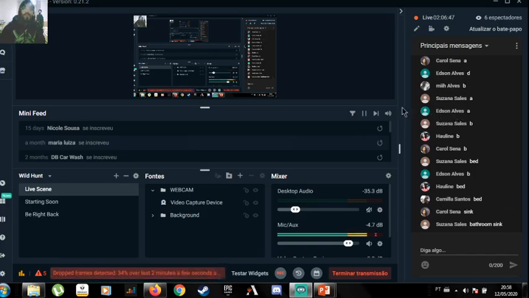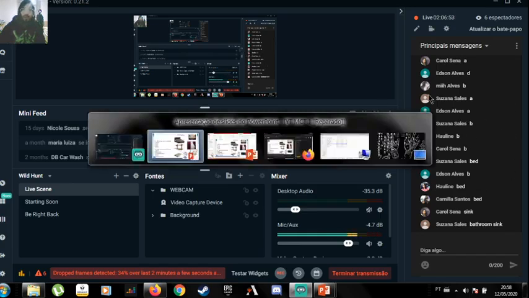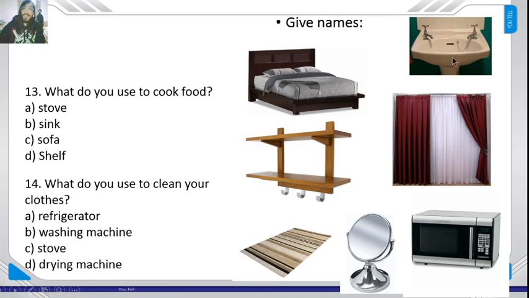Very good. Sink, sink or bathroom sink. Both are possible. Very good, very good. We can call this sink or to specify, bathroom sink.